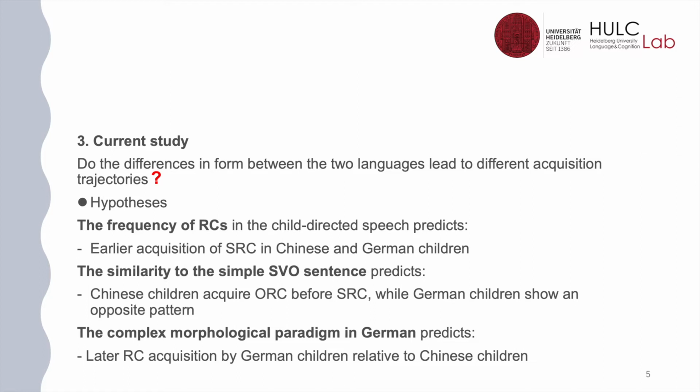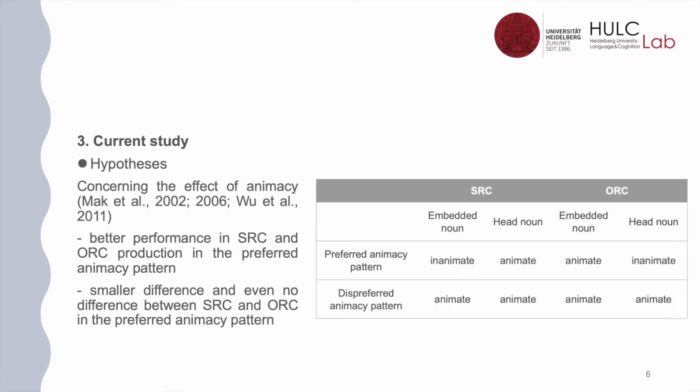The similarity to the simple SVO sentence predicts that Chinese children acquire ORC before SRC, while German children show an opposite pattern. Regarding the RC acquisition in general, the complex morphological paradigm in German predicts later RC acquisition by German children relative to Chinese children.